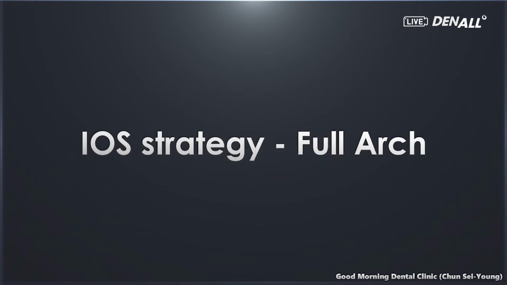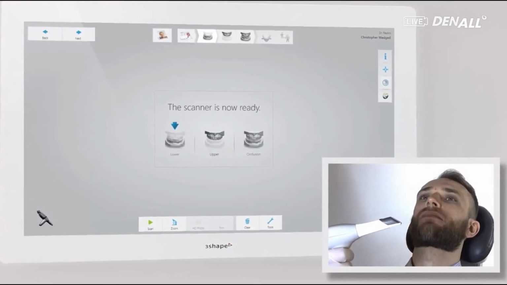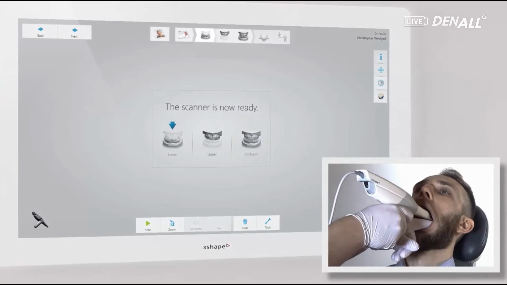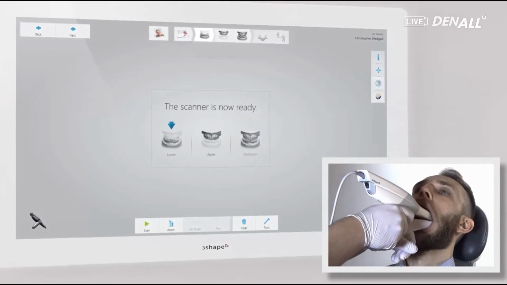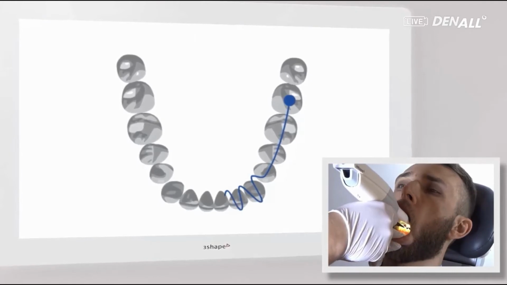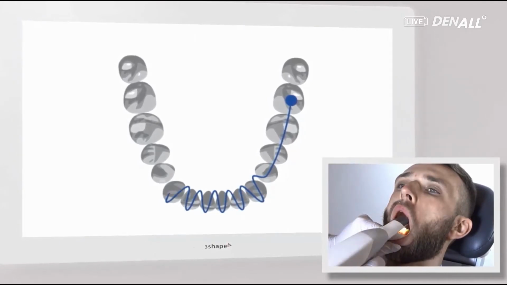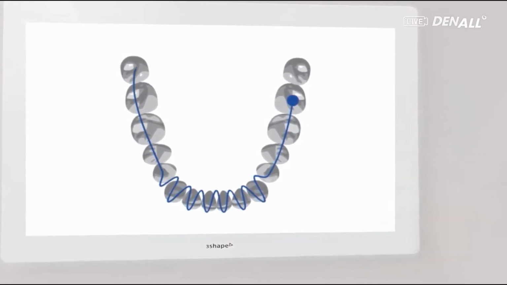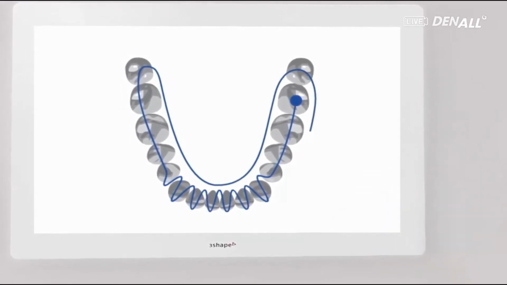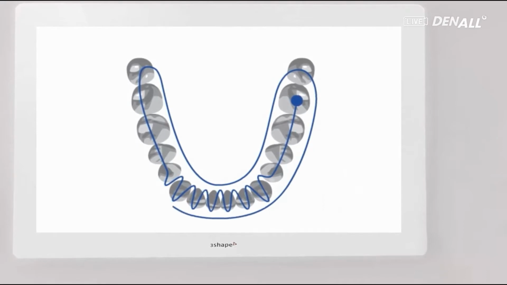Now let me move on to full mouth scanning. In full mouth scanning, an oral scanner is used and there are some limitations. As I said before, in the case of full mouth scanning, a model scanner is more precise because an oral scanner works by adding captured pictures continuously.